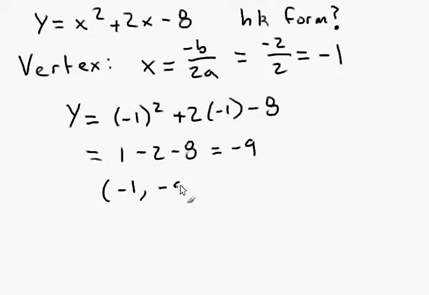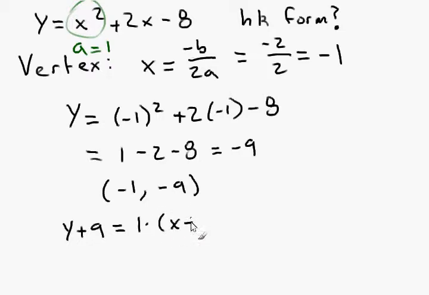Then we want to look at a. This is x squared. A is equal to 1. So that means that the equation for this parabola is y plus 9 is equal to 1, you can write it or not, times x plus 1 quantity squared.